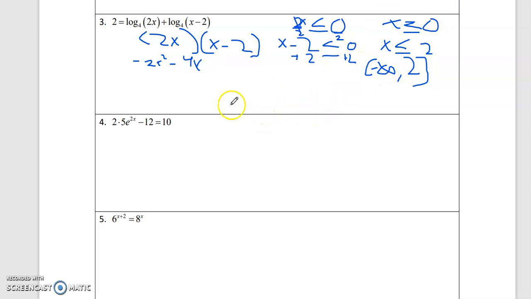Okay, so for the next step, you are supposed to multiply these expressions together because they have the same log base, which means that they are supposed to be multiplied. So we have them multiplied right here. We've distributed the 2x to the x, and we've made it negative 2x squared minus 4x.